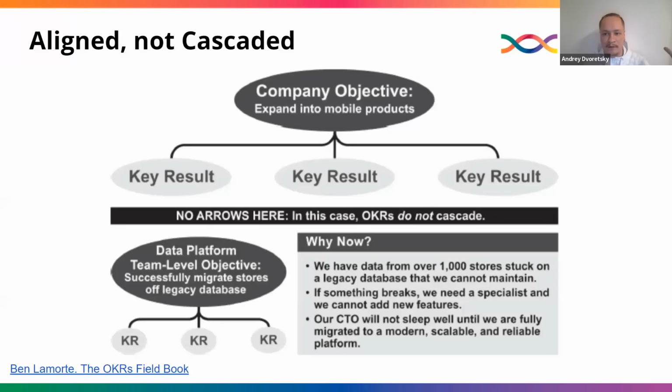So the high level of the organization provides the context, the direction, but allows the broader organization to generate their own objectives and key results, which are definitely aligned with the main objectives, but they're not strictly cascaded. So it doesn't necessarily mean that our team level OKR is tied to this or that objective or key result of our boss.